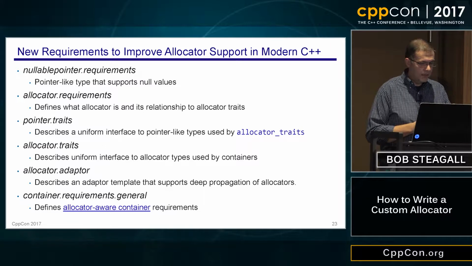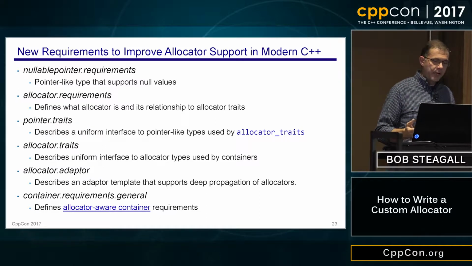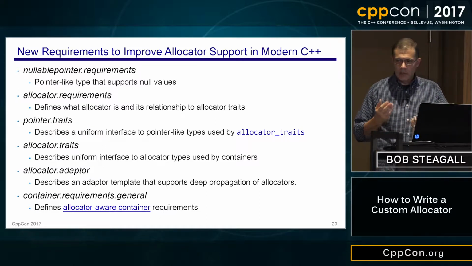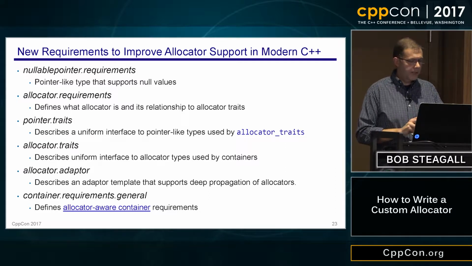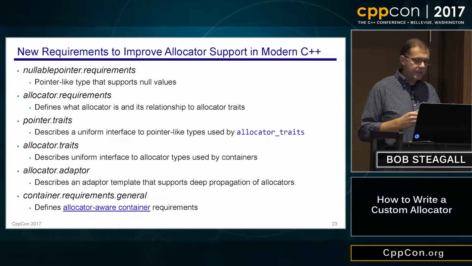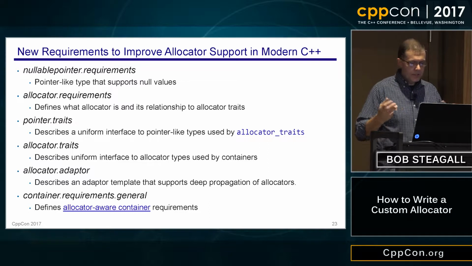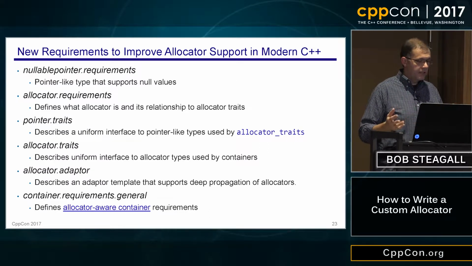They're the bits that are italicized. So we have things that define what a nullable pointer is, the basis of a pointer-like type. We have a requirement that defines what an allocator is conceptually in its relationship to the allocator traits. We have a thing that describes something called pointer traits, which is used by allocator traits that we'll come to in a few minutes.